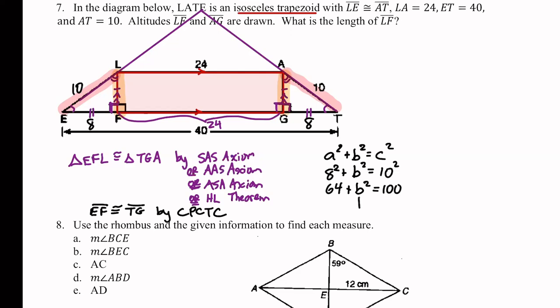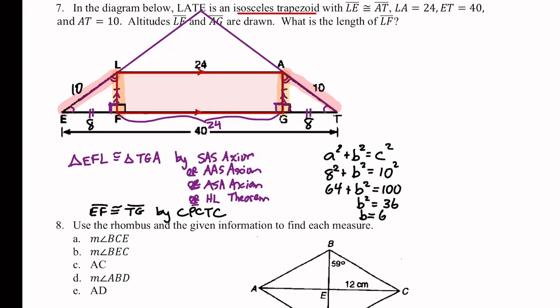B squared is equal to 36. And B would be equal to, because we only care about the positive square root, 6. So that tells me, therefore, that LF, or the measure of LF, is equal to 6.